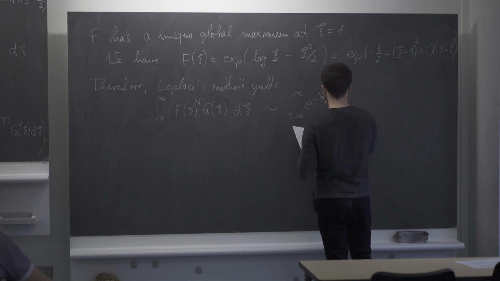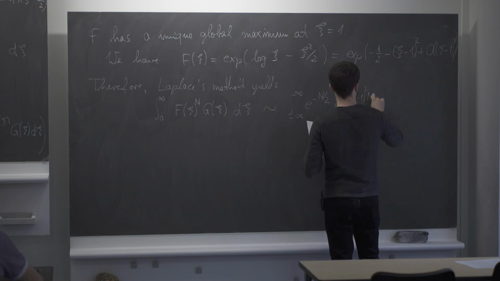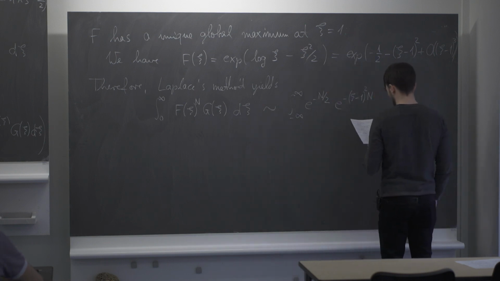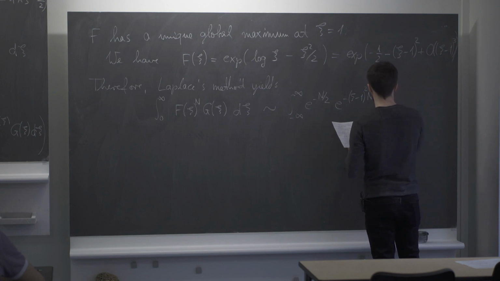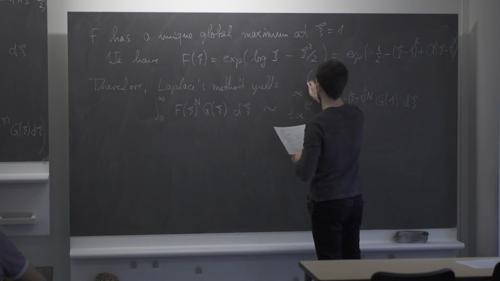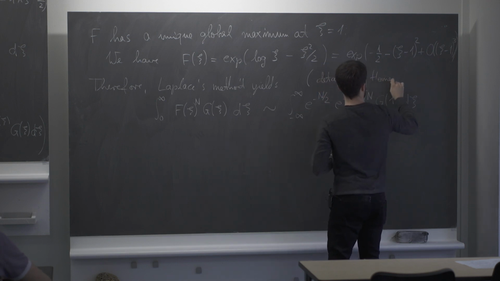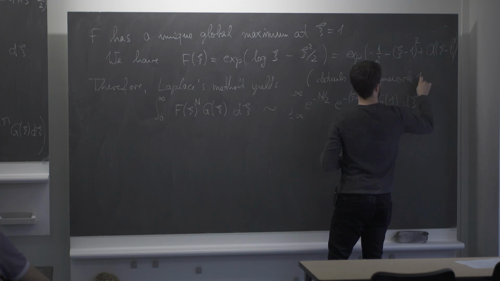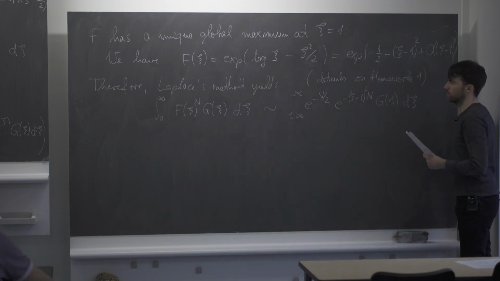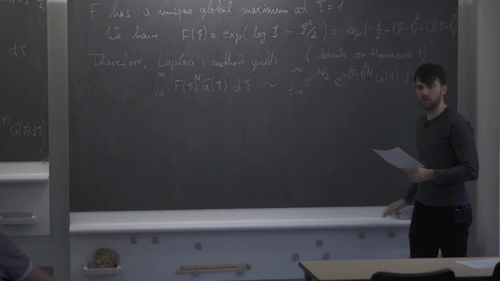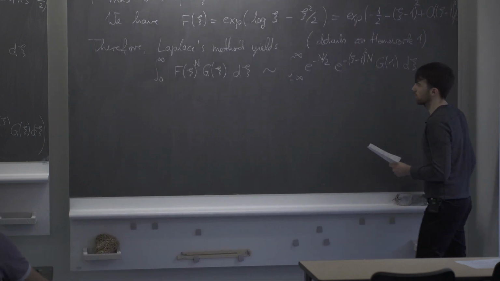Then we have an e to the minus xi minus 1 squared times n, and then a g of 1 dxi. And the details are on homework 1. That's the homework I'll post today or tomorrow, and which we'll discuss next week. So today there's no homework session.